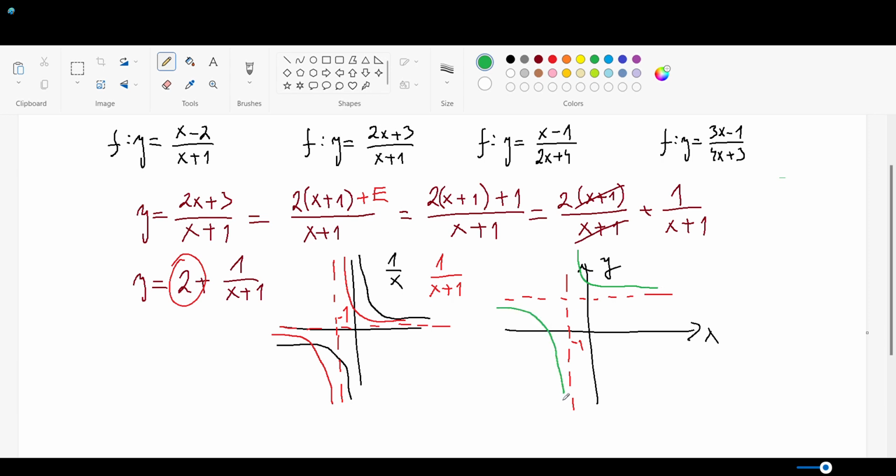Okay, and again, as you can see, here are two intercepts with the y-axis and x-axis, and you can find the values for these intercepts again by using the fact that this intercept has the coordinate 0 for x, and this intercept has the coordinate 0 for y.